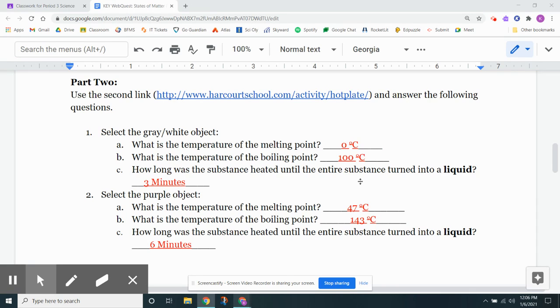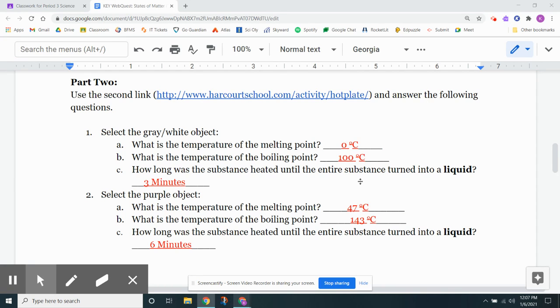And what the website allowed you to do was to move each of those solids onto a hot plate and to turn the hot plate on and start heating it up. And what happened is as the solid heated, it eventually would melt into a liquid and then eventually would start to turn into a gas. And so it showed you the process of this happening.